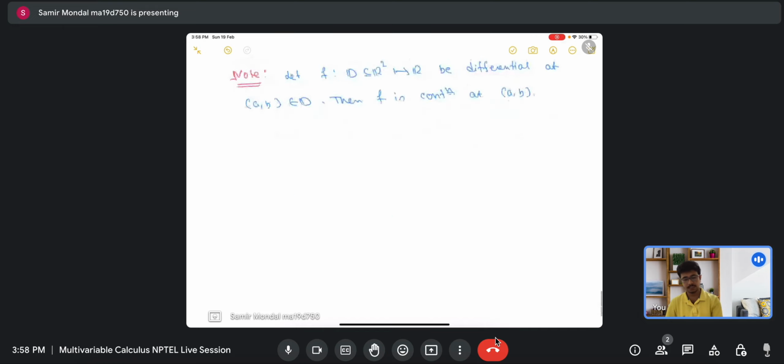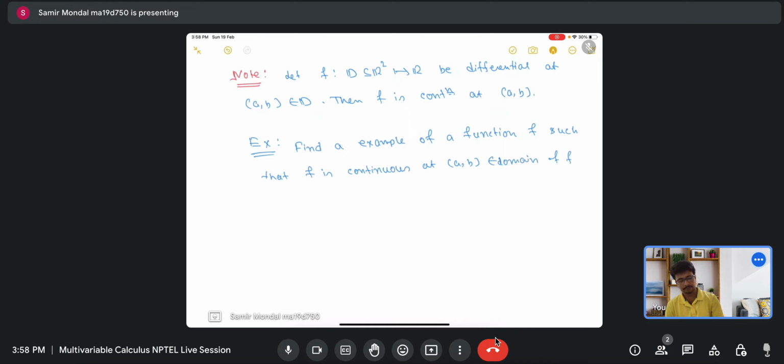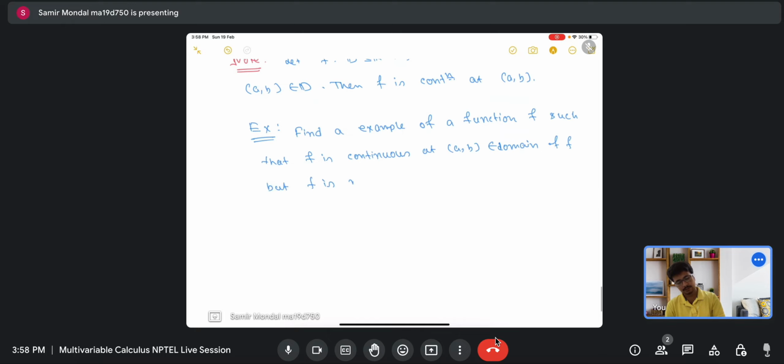example. So this is your exercise. Find an example of a function f such that f is continuous at some point (a, b) in the domain of f, but f is not differentiable at that point.